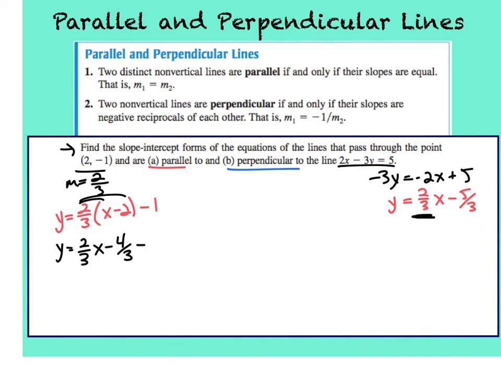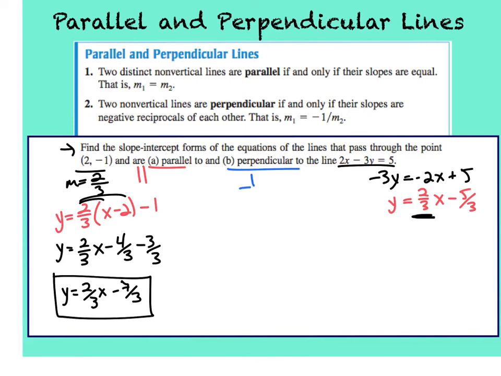So what do I want to think of 1 as? 3/3. All right. So then I combine like terms now. So now I'm left with y equals 2/3 x minus 7/3. All right. And then we're done. Now I'm going to do perpendicular. So that was parallel. Now I'm going to do perpendicular.